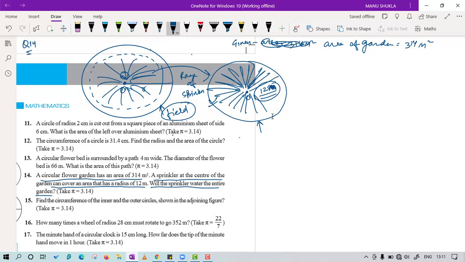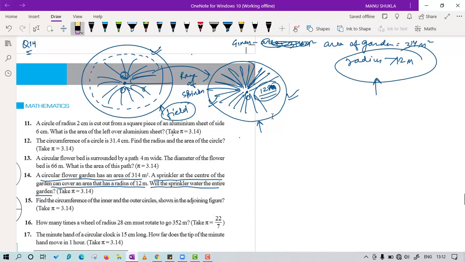So we have to check what is the radius of our garden. If it is 12, that means we have enough range, it can easily cover. But if the radius of the garden comes more than 12, then we can say our garden will not be irrigated properly or will not be irrigated completely. So we have to find the radius and check whether it is more than 12, less than 12 or equal to 12. Okay, so let's see and then give the answer.